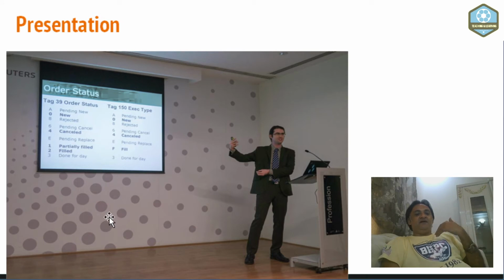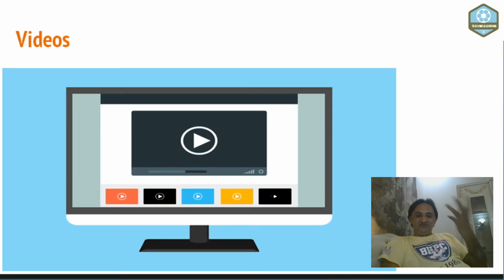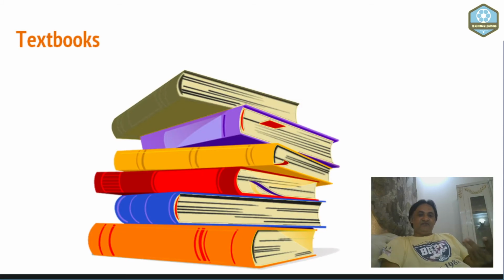The instructor provides you information and you just keep receiving it. Similarly, watching videos, you are just receiving the information. Reading books, you are just getting the information. It's a storage, it's a bank, you receive the information from there.